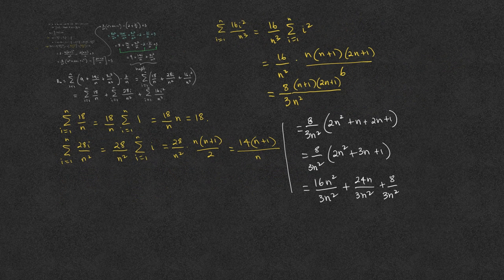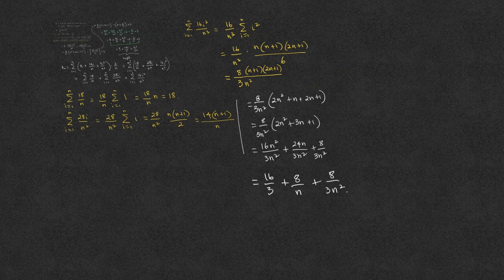And this can be simplified further. 16 over 3 plus 24 over 3 is 8, and then n over n squared is 1 over n, plus 8 over 3n squared.